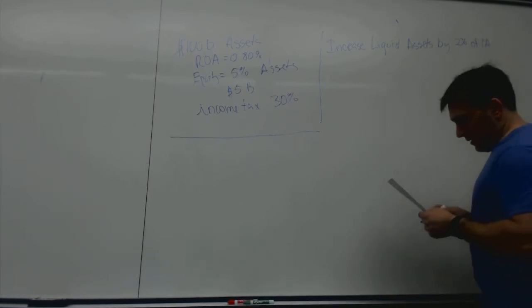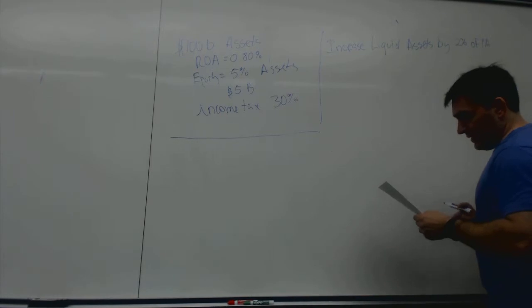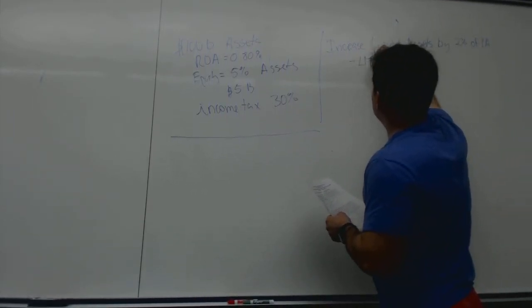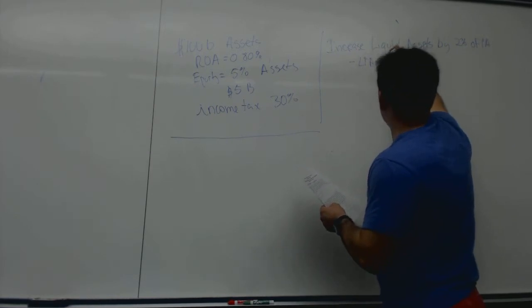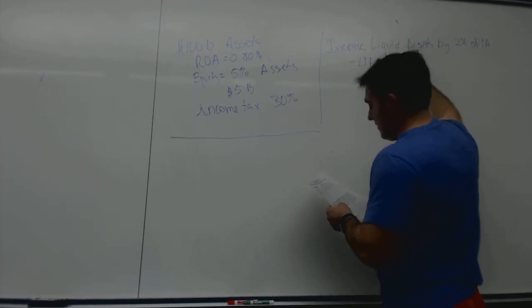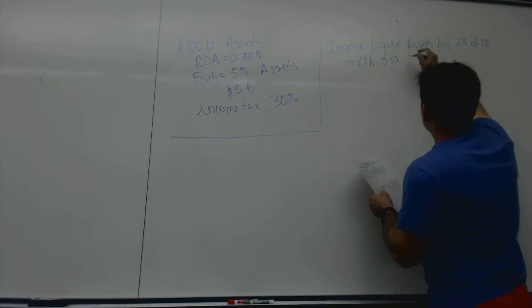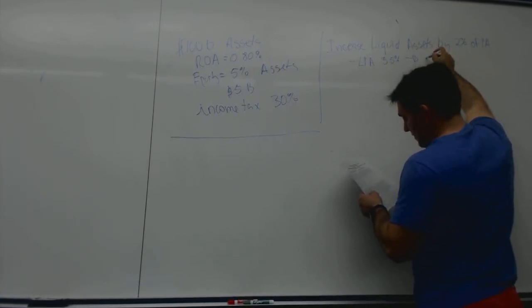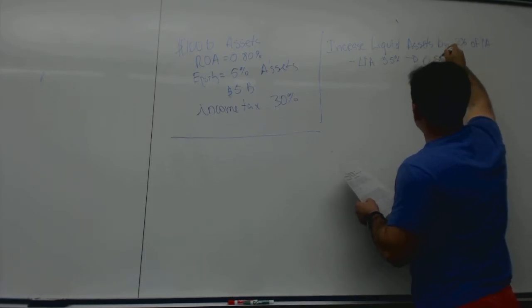Basically, the bank will swap long-term assets that are yielding 5.5% and purchase low yield assets that are going to yield 0.5%.